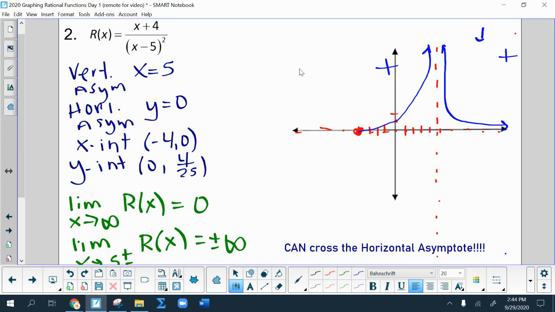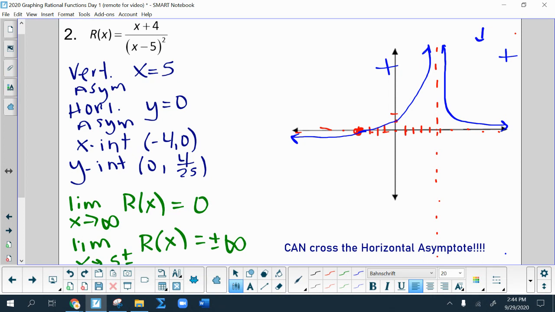So that means we're crossing over the horizontal asymptote, but then staying and hugging close to that horizontal asymptote as we go off to the left. It's really hard to do with my stylus on my computer here, but it is creating this hugging close to the horizontal asymptote and not crossing again.